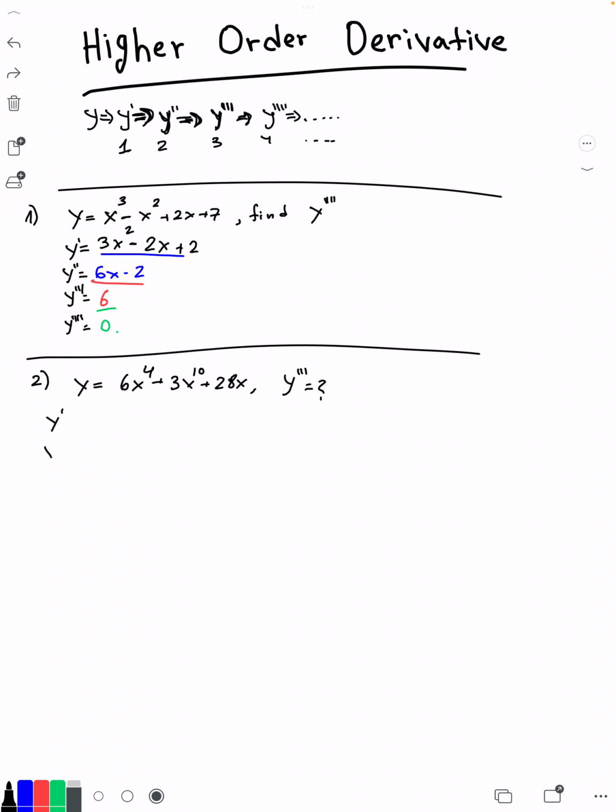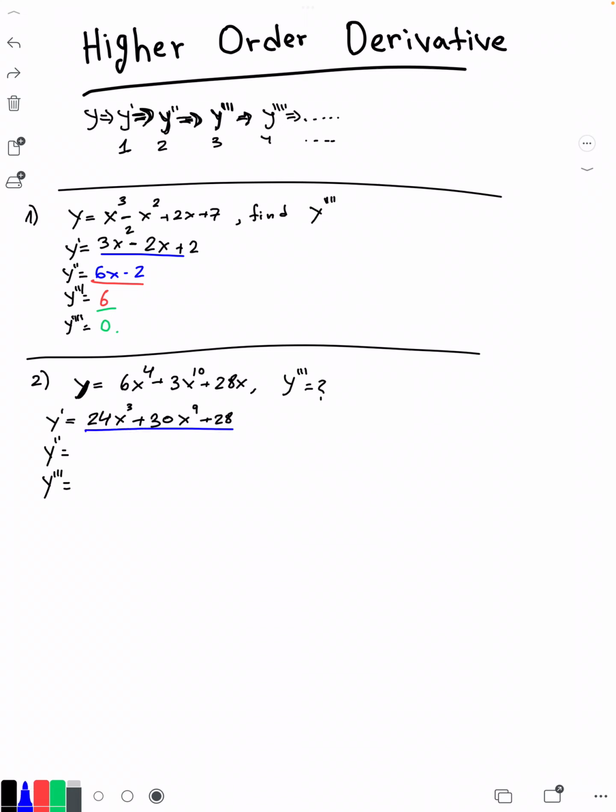So we can write down y prime, second derivative, and the third derivative. As we know, the first one will come from y, so we're going to have 6 multiplied by 4, 24x, 4 minus 1, to the power of 3, plus 3 multiplied by 10, 30x, 10 minus 1 is 9, plus 28.